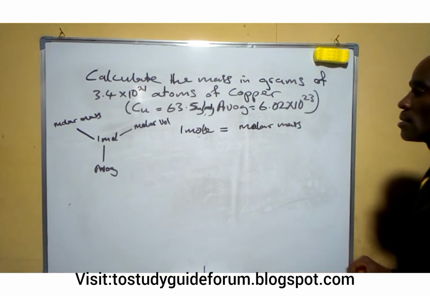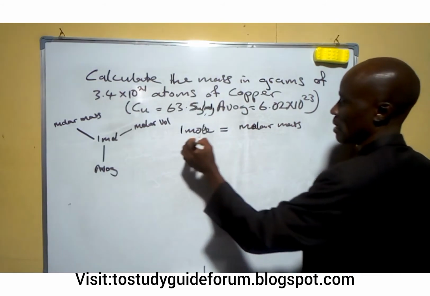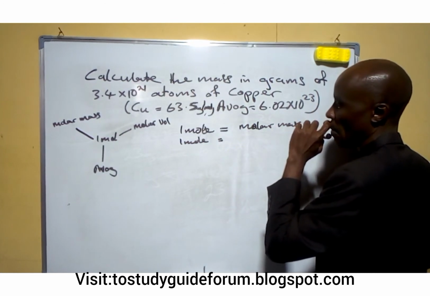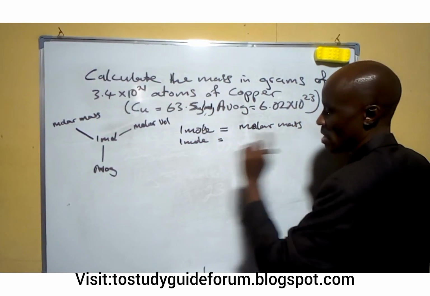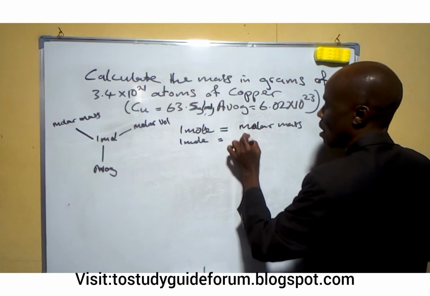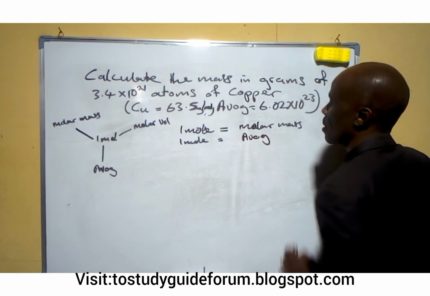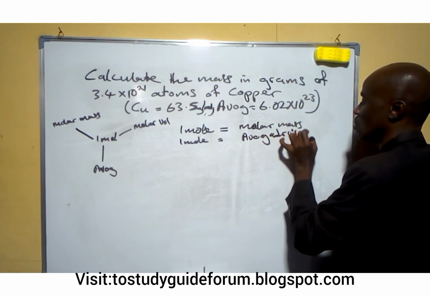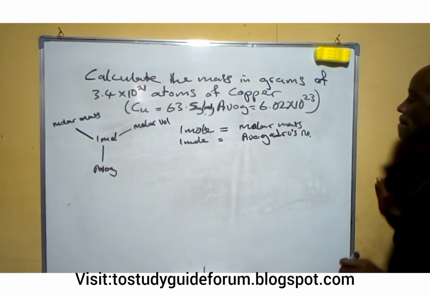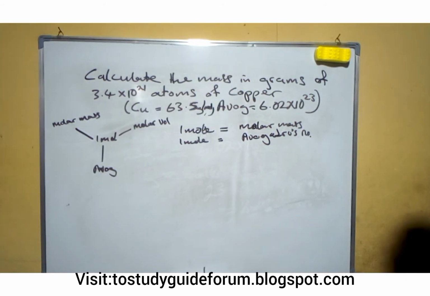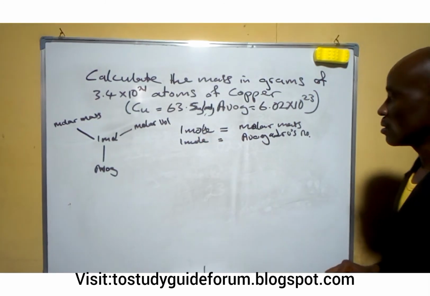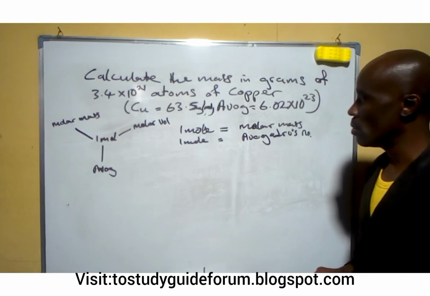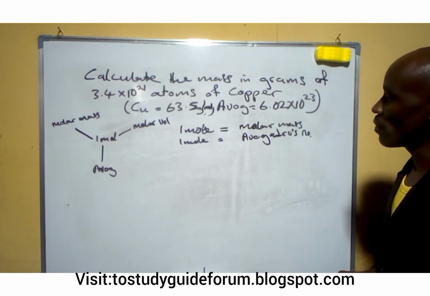And again, 1 mole is also equal to what? Avogadro's number. So these two pieces of information are exactly what we are likely to look at. We're going to use them when we're solving the problem.